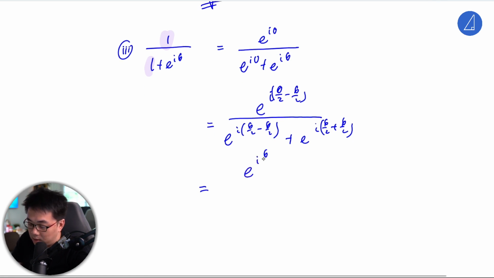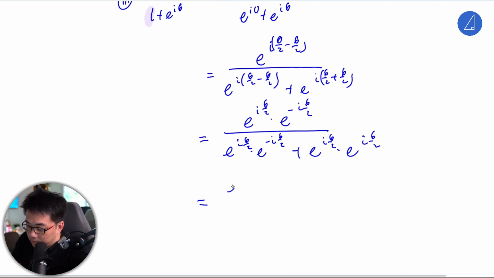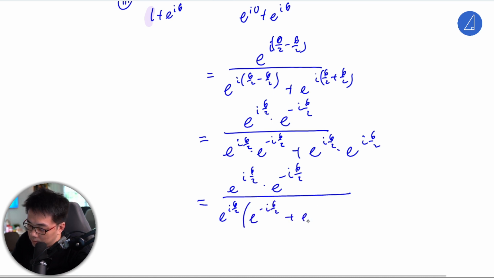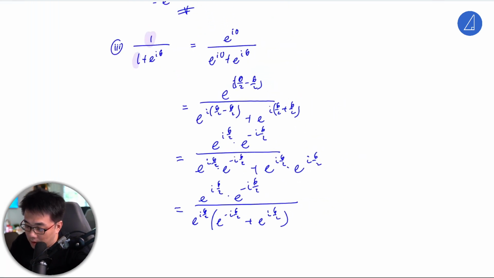So this is e^(iθ/2 - iθ/2) over e^(-iθ/2) + e^(iθ/2) times e^(iθ/2). So you factorize it out. Okay, this is to understand why we change it to this form here. Okay, great. So this is done. So actually from here to here, you could skip all these steps by just multiplying by e^(-iθ/2).